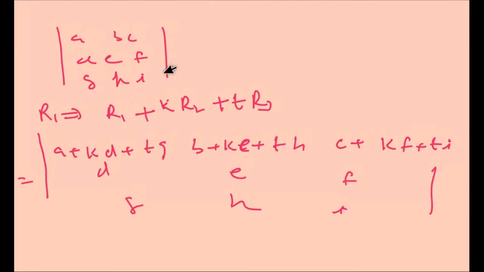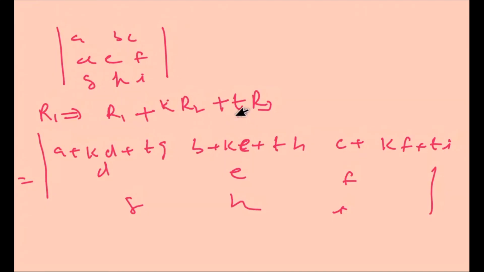Now if there are 3 rows, then you can apply it only with 2 other rows. If you want to change R1, then we can write first R1 and add multiples of the other rows.